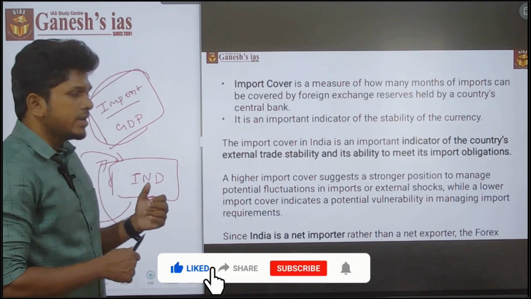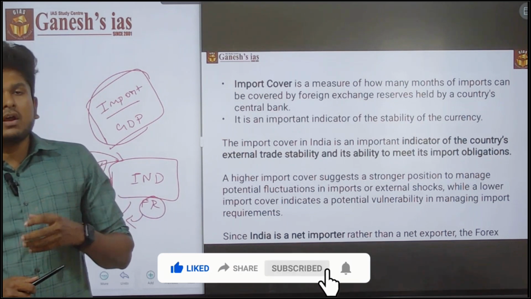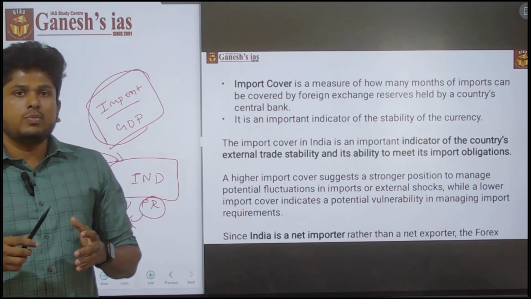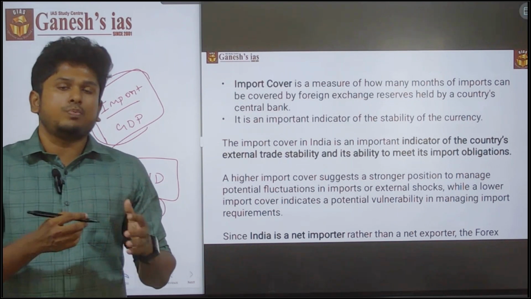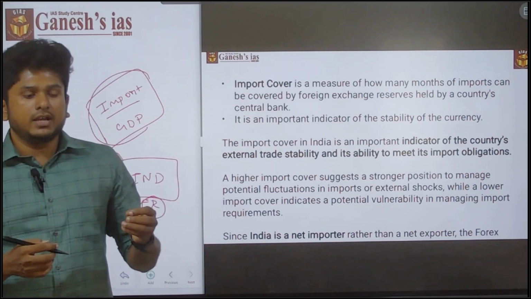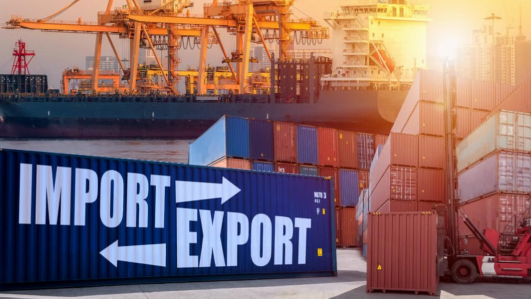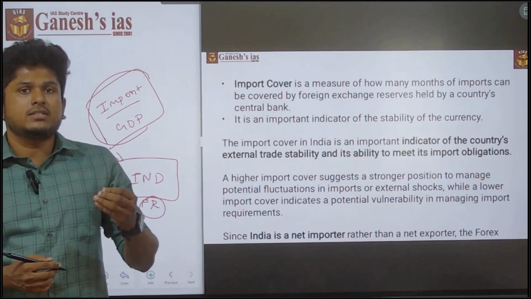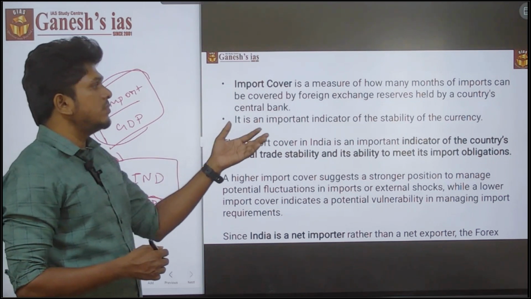Obviously, think that if India has a lower import cover, how will they pay? If the government doesn't have a foreign currency to pay other governments or companies outside India, it shows that India is at a lower level. They are not exporting a lot, they are only importing a lot, so the stability of the Indian currency will be degraded or fall. By this way they can measure the stability of the currency.